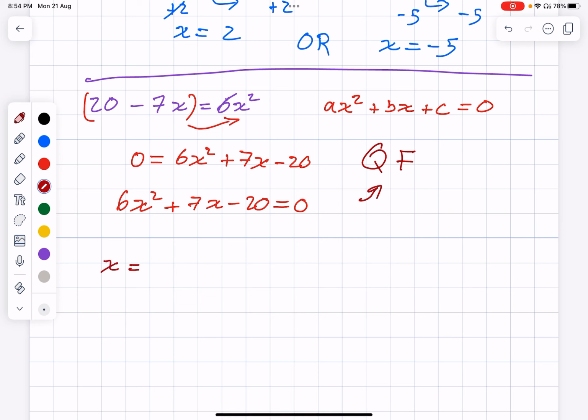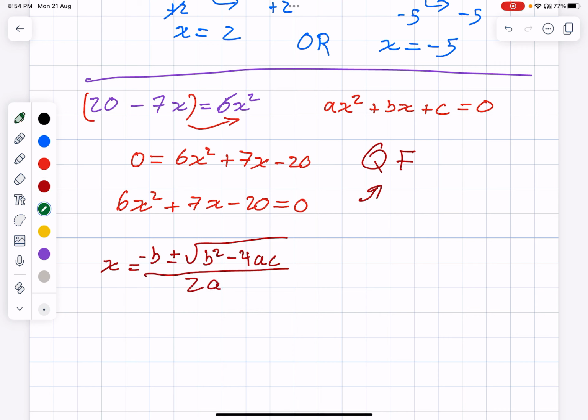I apologize. It's x equal negative b plus or minus square root of b squared minus 4ac over 2a.